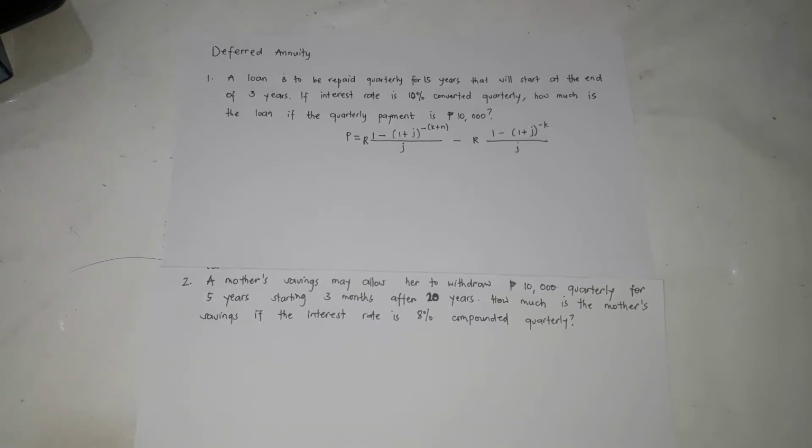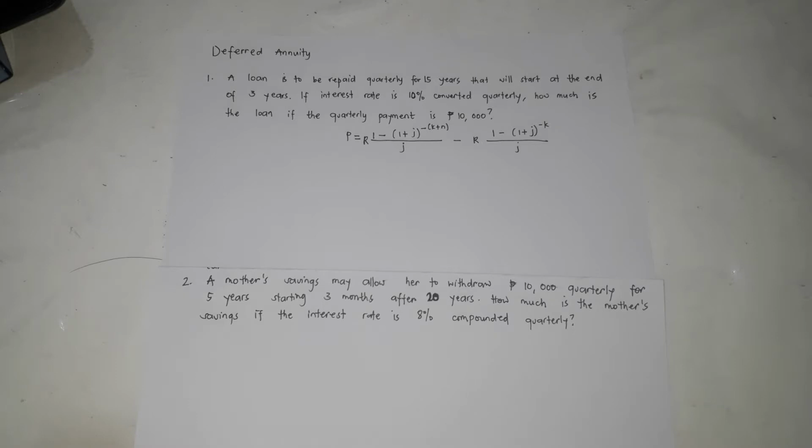So we're going to talk now about deferred annuity. A deferred annuity is an annuity that does not immediately start after purchase. For example, if you loan an appliance, after getting the appliance you're not going to immediately start paying, but you're going to have a rest of 3 months before you start paying.